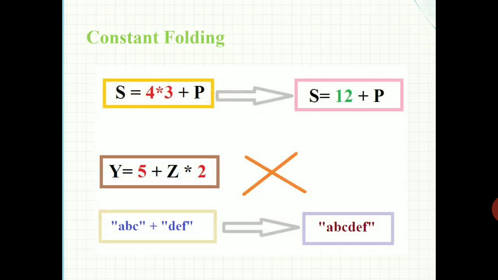Constant folding is the process of recognizing and evaluating constant expressions at compile time rather than computing them at runtime.